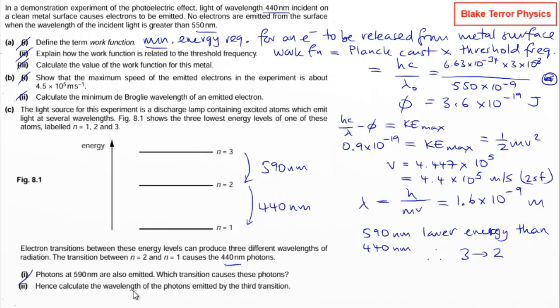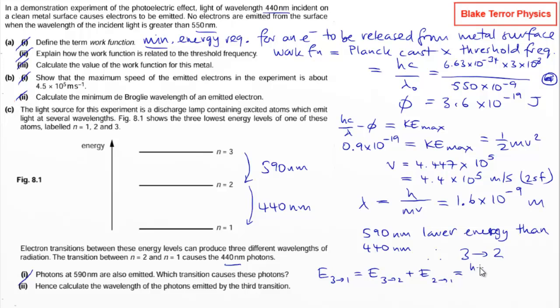Hence calculate the wavelength of the photons emitted by the third transition. Okay, so energy of 3 to 1 is going to be the energy of 3 to 2 plus the energy of 2 to 1. These are all hc.